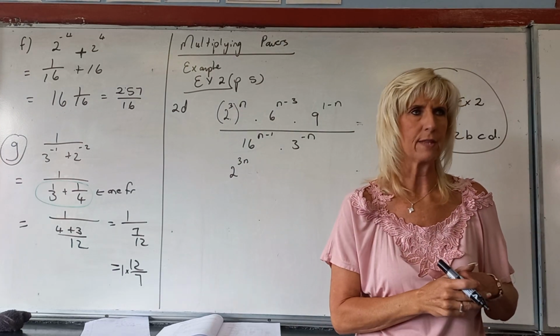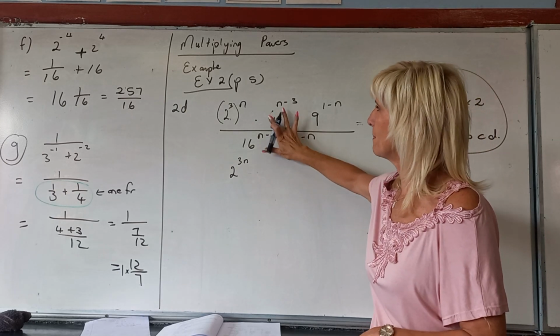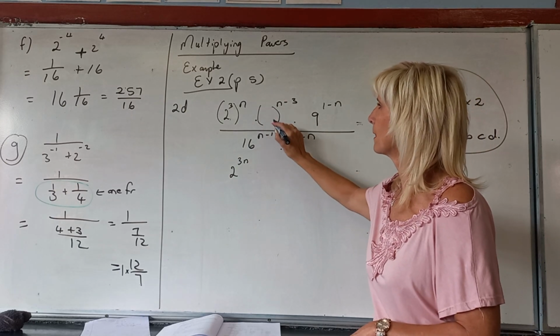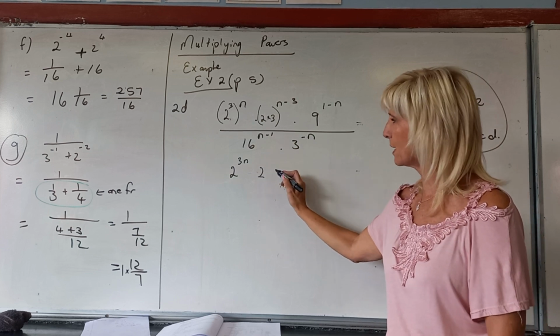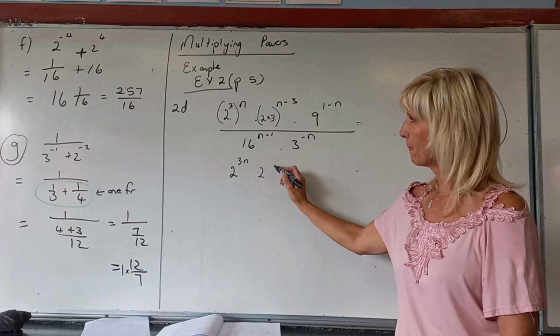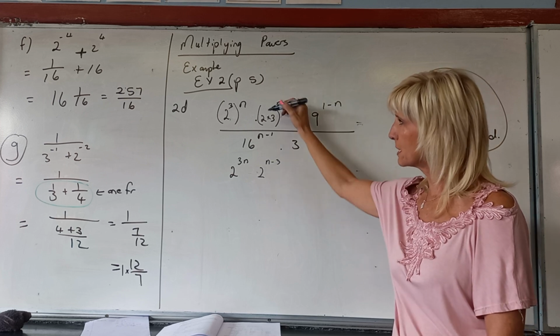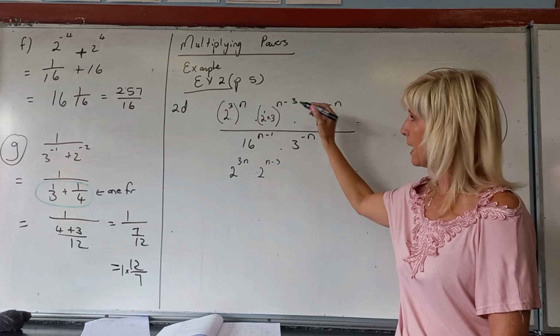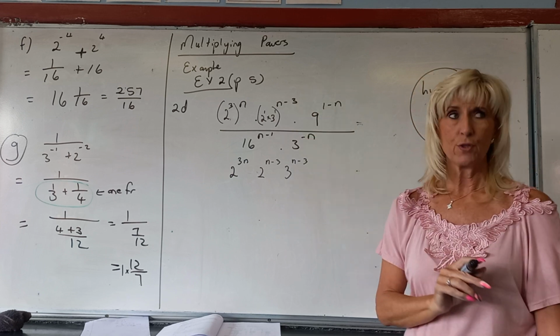Because you can leave out that step if you're careful. The 6, let me make it a 2 times 3 so that I can skip that step and say immediately it's 2 to the timing in the exponent. n minus 3 because it's multiplied by 1. And again, n minus 3 multiplied by 1 is n minus 3.